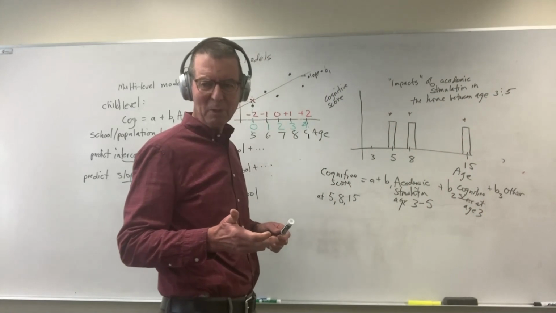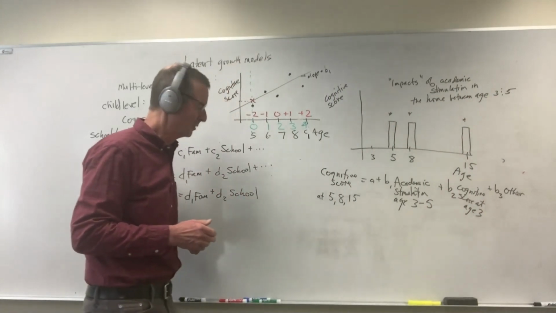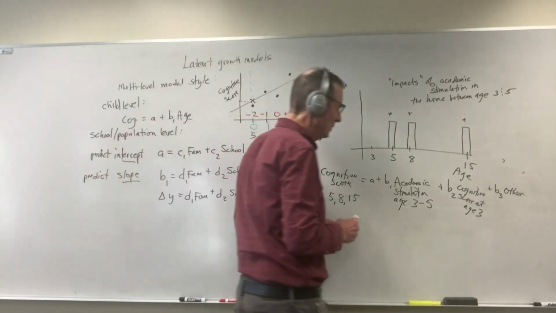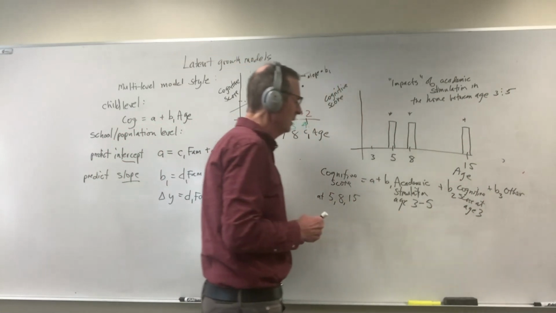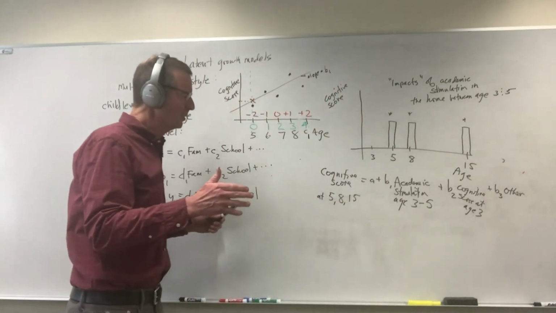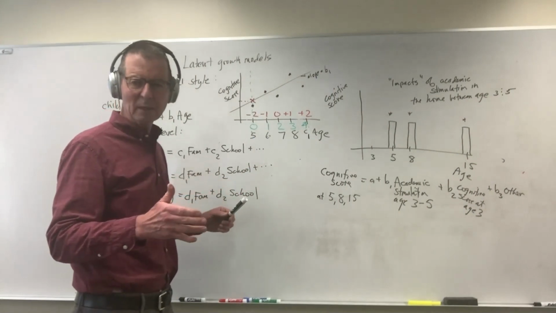It seems like a very transparent way of presenting these results. But what the referee said is, oh, you've got longitudinal data, why don't you estimate a latent growth model?